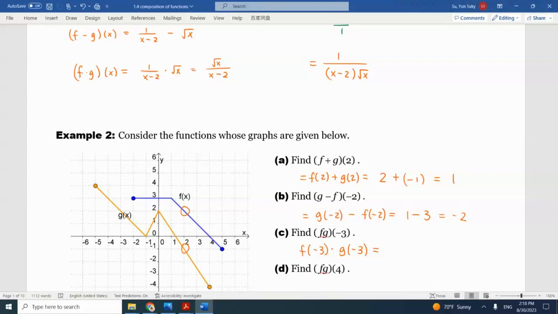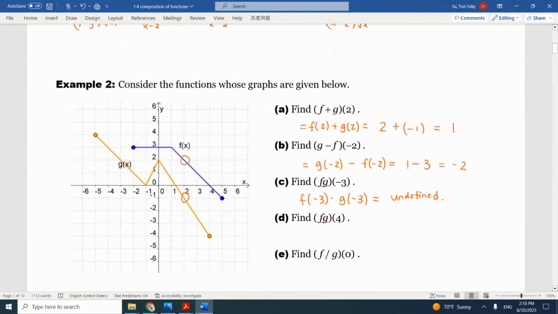So we can say undefined. Even though the G is defined, as long as your F is undefined, you have nothing to multiply by. If either of them is undefined, then the whole thing is undefined. Yes, exactly. So undefined. Is that okay, everybody?